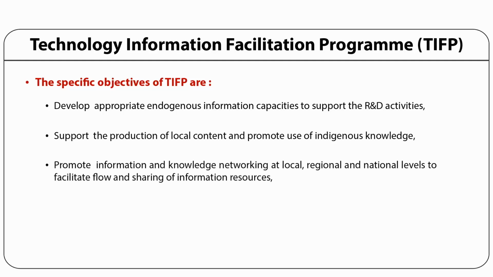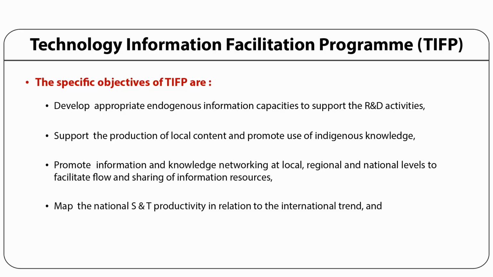Thirdly, to promote information and knowledge networking at local, regional and national levels to facilitate flow and sharing of information resources. Then, to map the national S&T productivity in relation to the international trend, and lastly, to promote national and international cooperation in related areas.